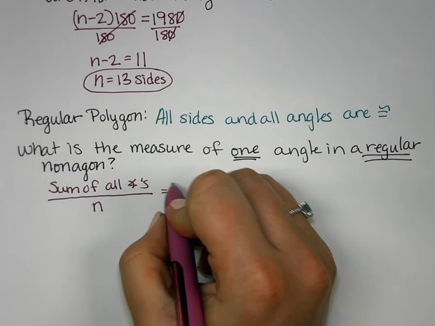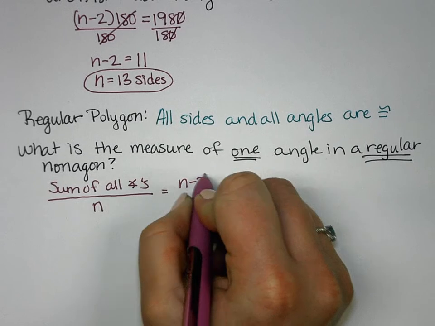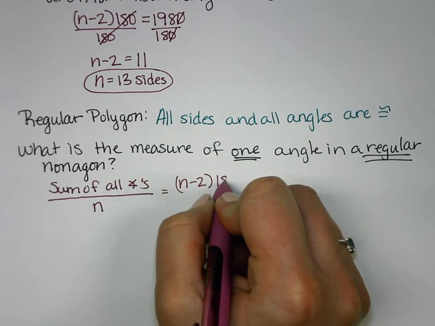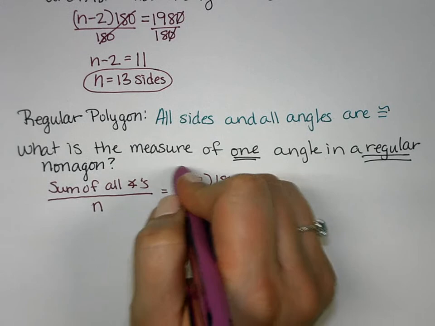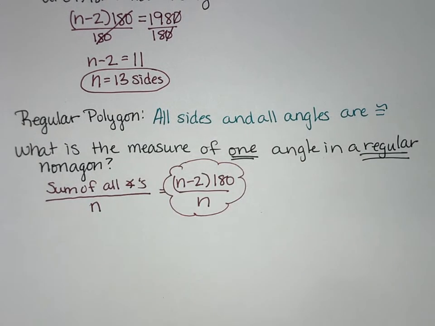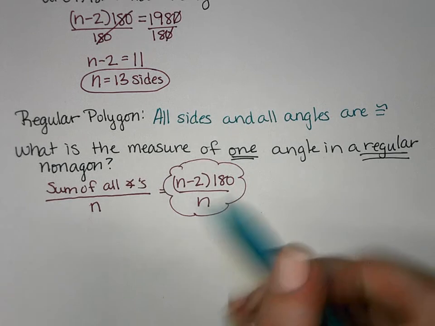So if we use our formula for sum and then put it over n, this is our formula for one angle in a regular polygon. So to actually answer this question, nonagon, how many sides do you think that has? 8 is octa. 10 is deca. 9. 9 is what this one stands for.